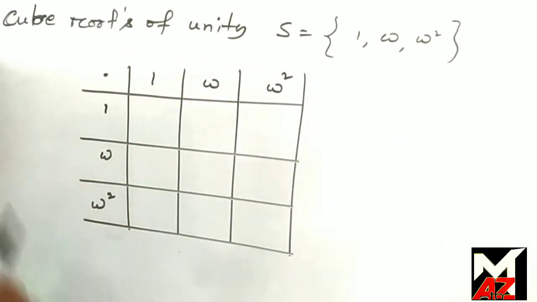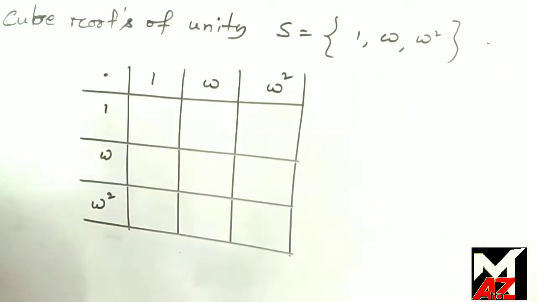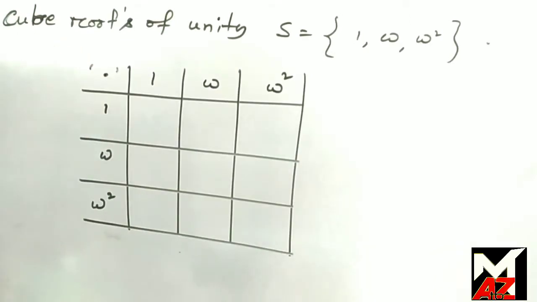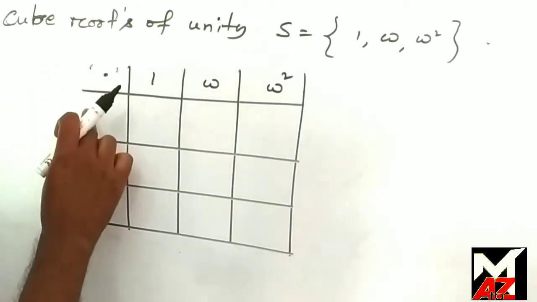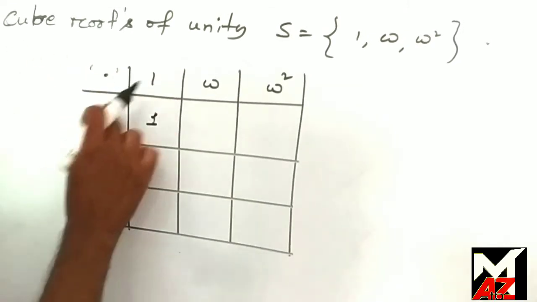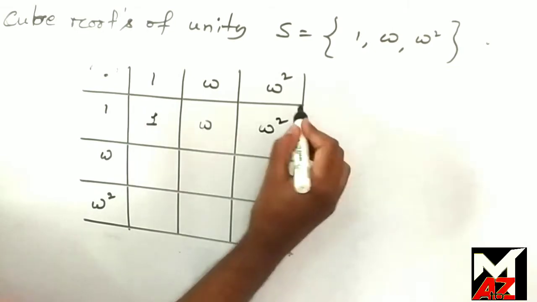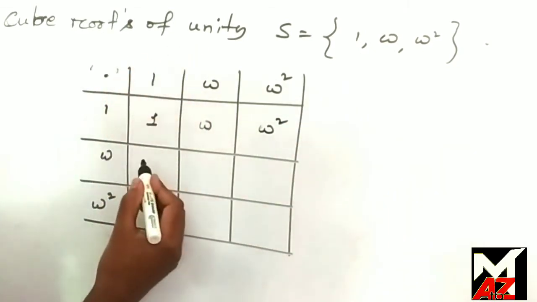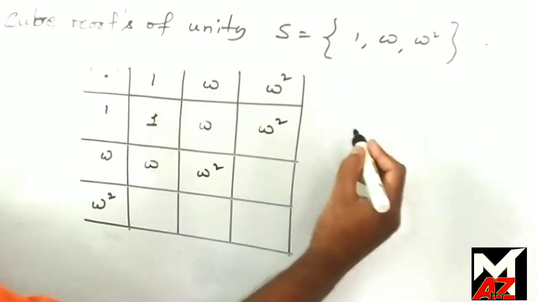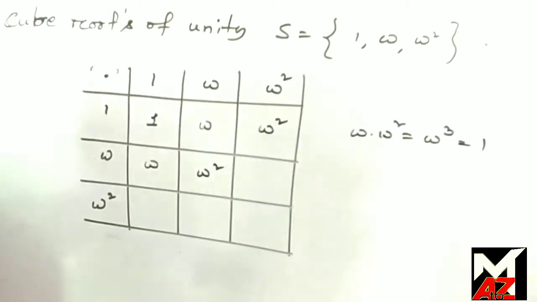The binary composition is usual multiplication, written as dot. Now 1 dot 1 is 1, 1 dot omega is omega, 1 dot omega square is omega square. Similarly, omega into 1 is omega, omega into omega is omega square, omega into omega square equals omega cube, which is 1.